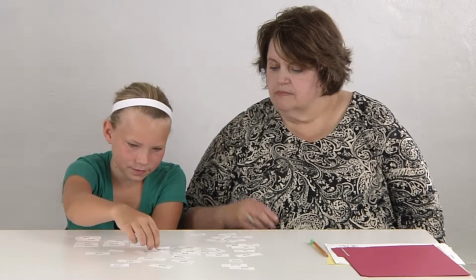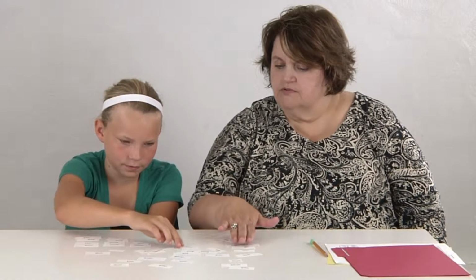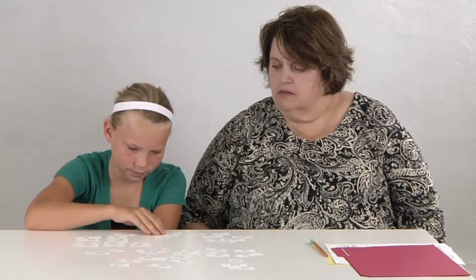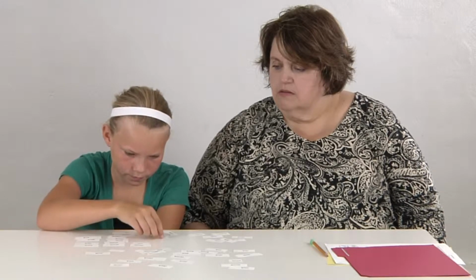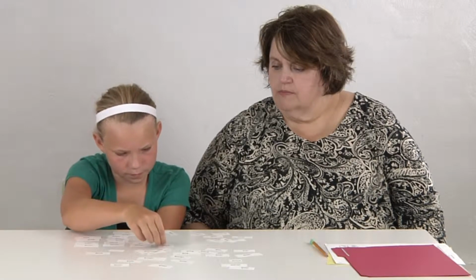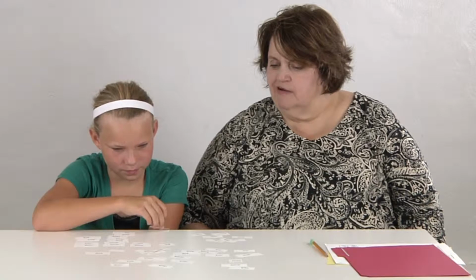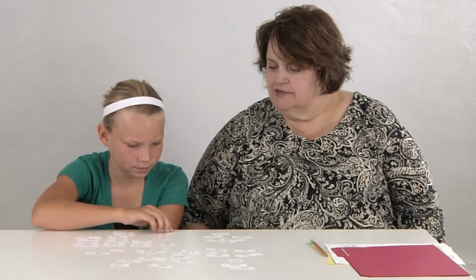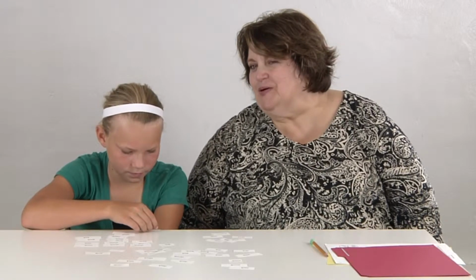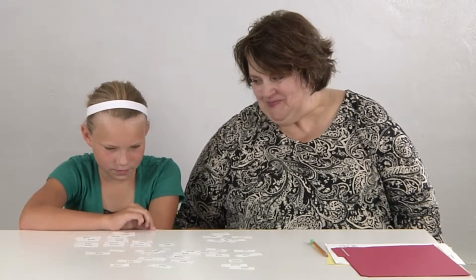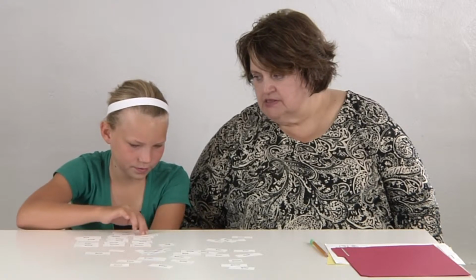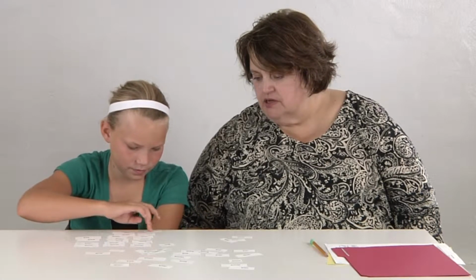I'll push them over to you. Oh, she's subdividing already. Instead of making two long columns, you're already taking them apart. She knows a little bit about this, I think. Keep going. If you're not sure what to do with them, just put them in a column that you're not sure about, and we can talk about it, okay?